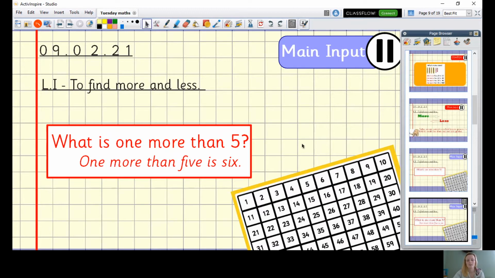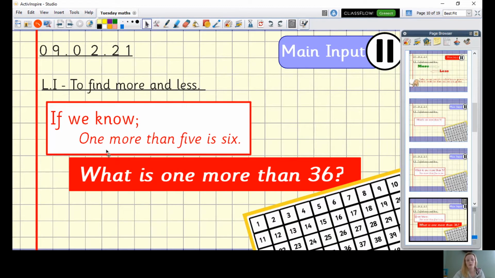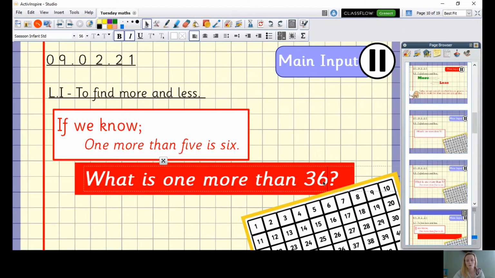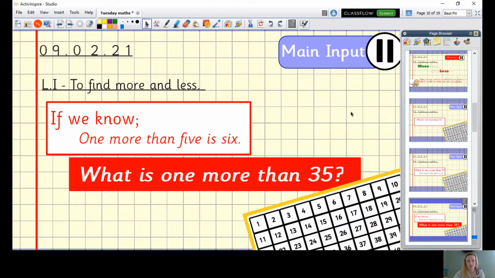Now, if we know that 1 more than 5 is 6, can we work out what 1 more than 35 is? Yeah, that's right, it would be 36.